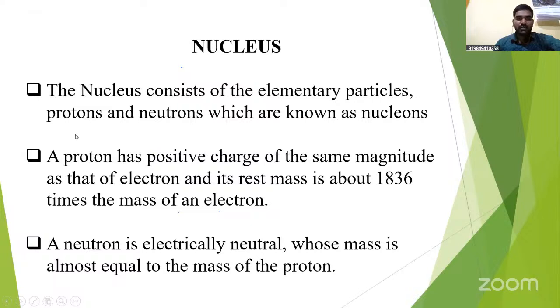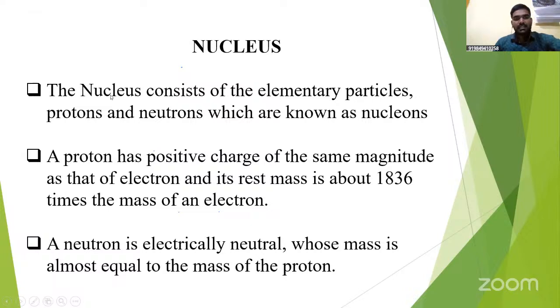So the mass of the proton will be 1836 times more than that of the electron. A neutron is electrically neutral, whose mass is almost equal to the mass of the proton. So neutron mass and proton mass are comparatively equal.